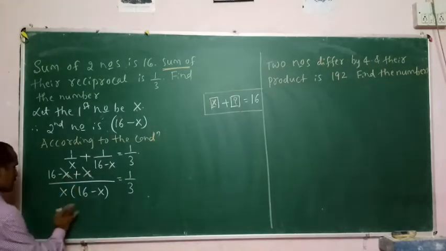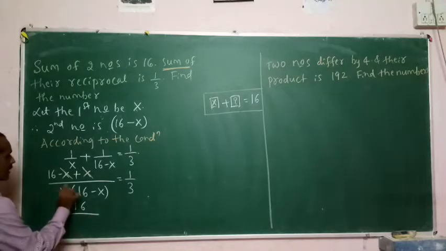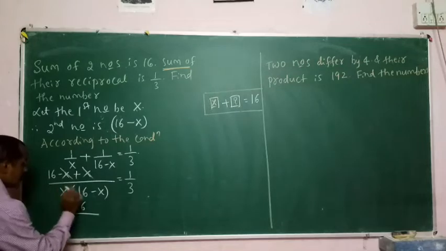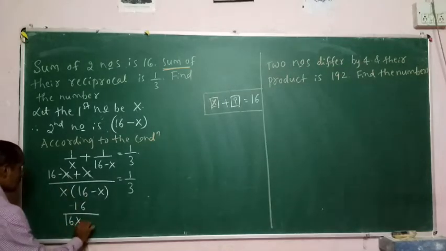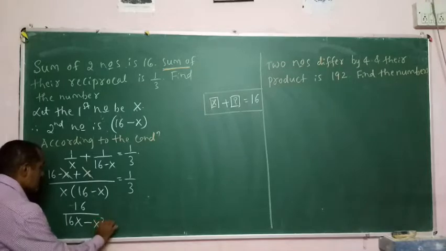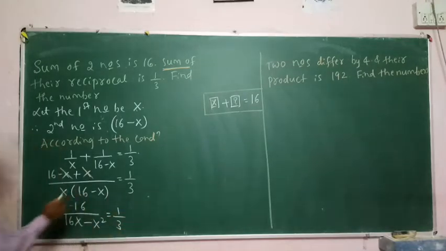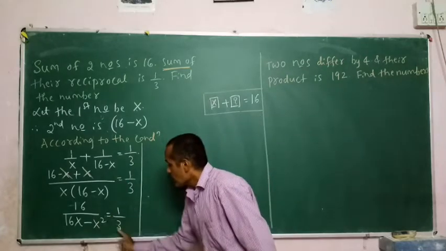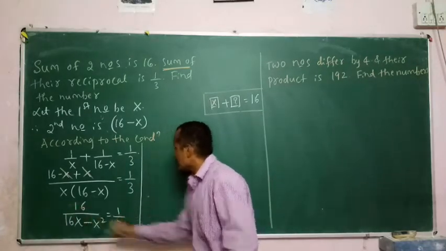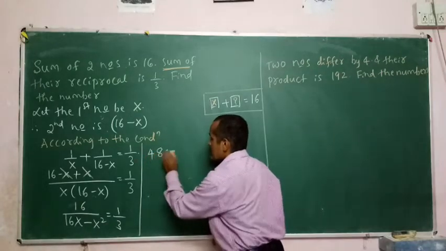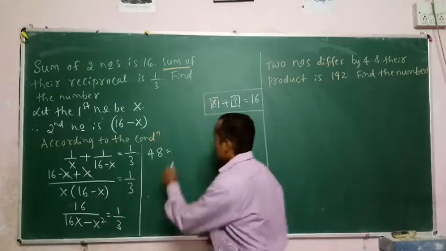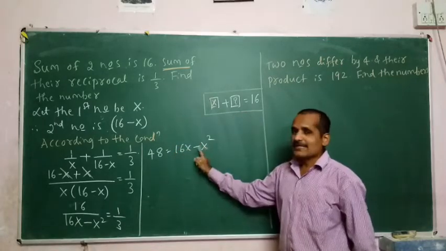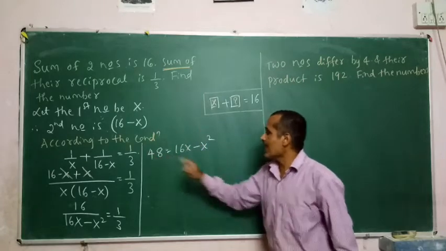What is left out here? 16 divided by, open the bracket, x into 16, it is 16x minus x into x, x square, is equals to 1 by 3. Cross multiply. 16 threes are 48 is equals to 16x minus x square. X square is negative, so I will shift all the terms to the LHS.